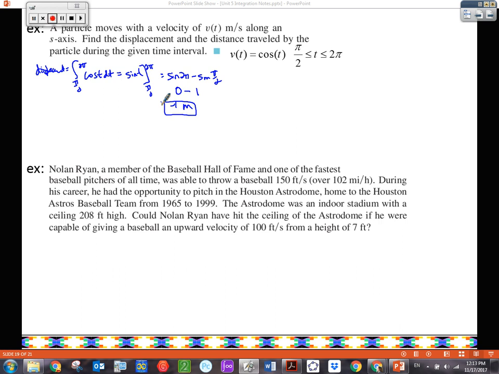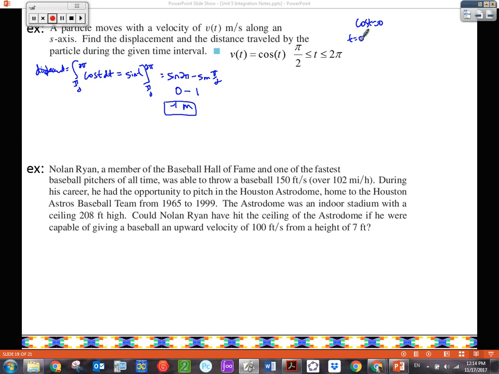So we need to do a sign chart on cosine. We need to find its critical numbers, and figure out where it's going to be positive and where it's going to be negative. So let's do that. Cosine t equals 0.